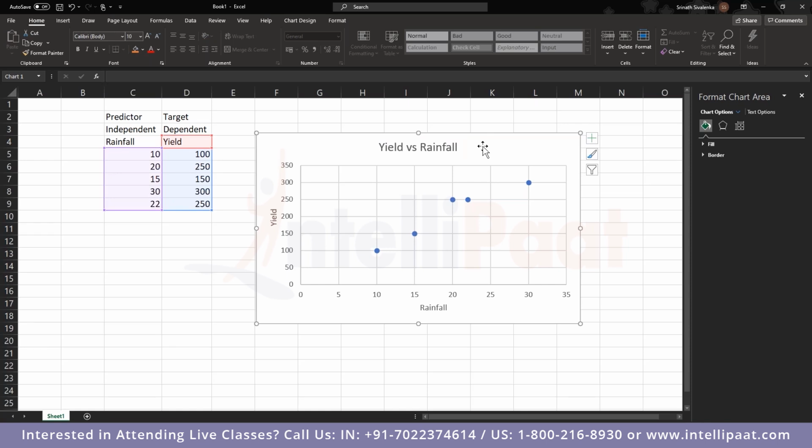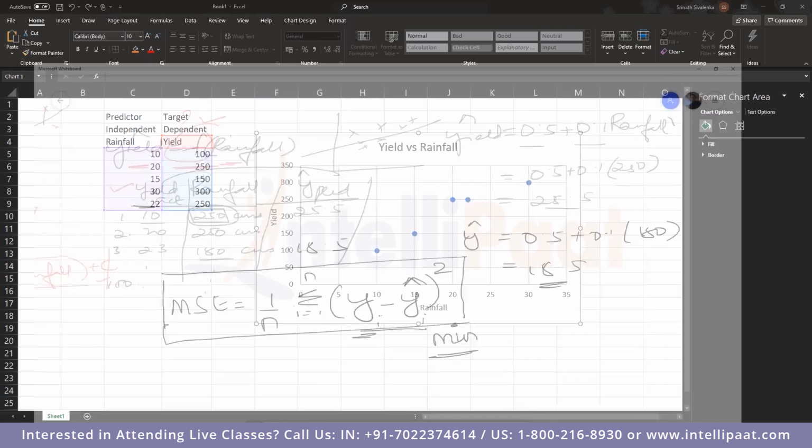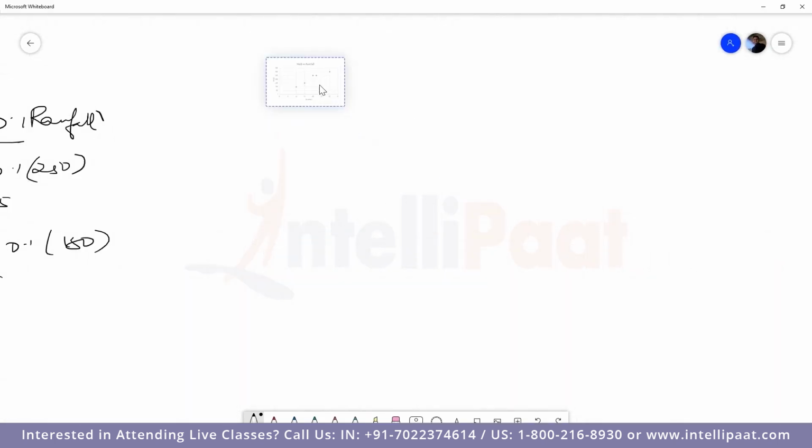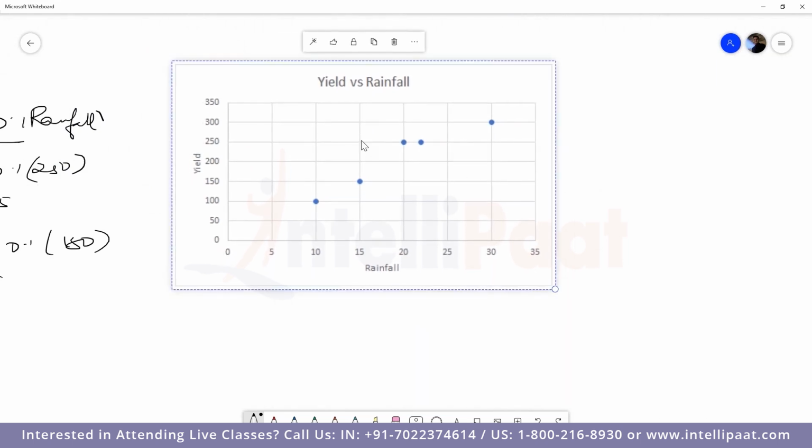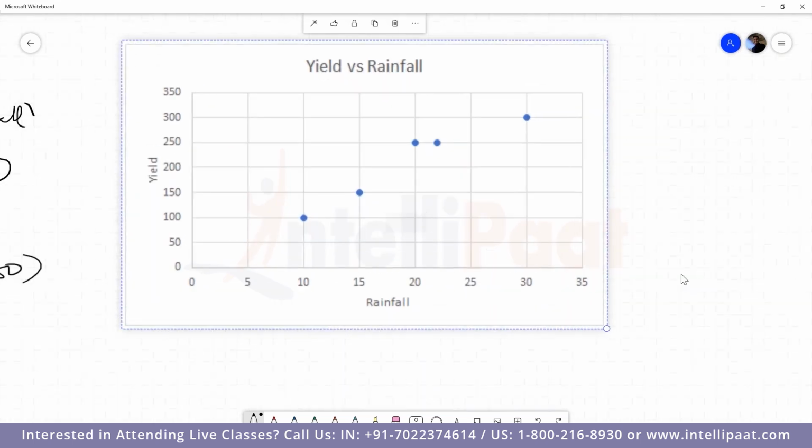Cool. So now, if you logically look at this, I can have multiple data points. I can come up with different lines, so to say, right? One line, basically, if you look at it, let's try to do it here. You could come up with different lines.